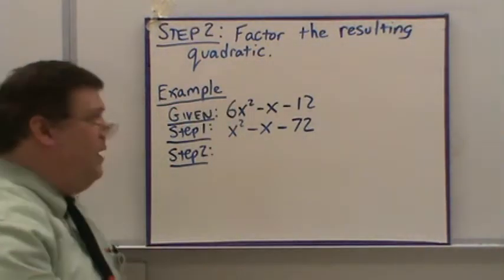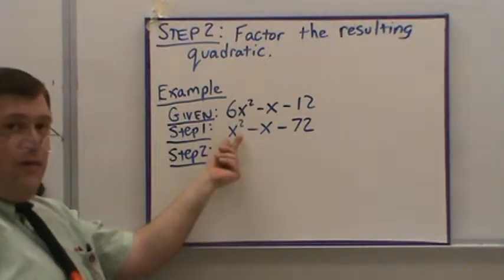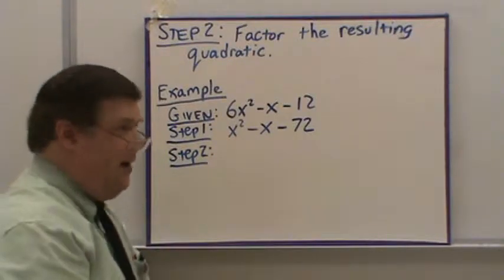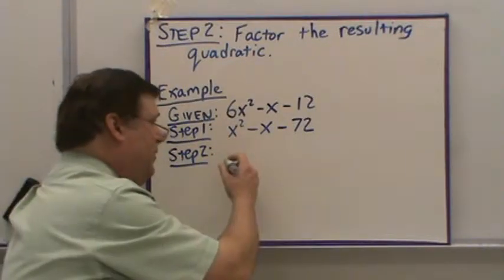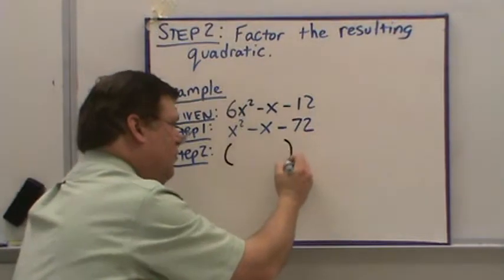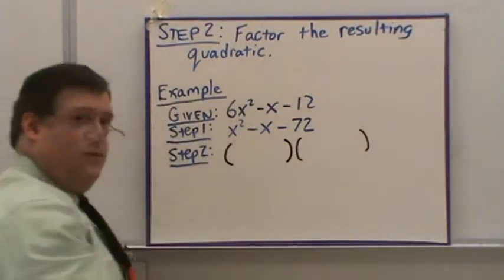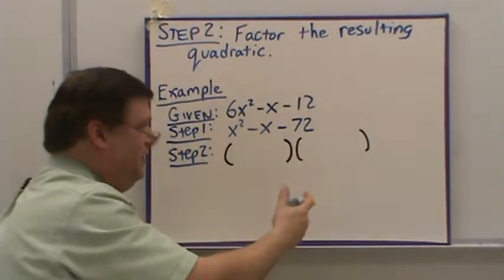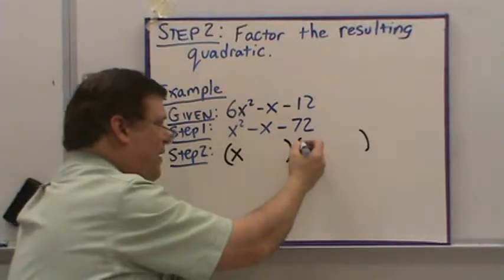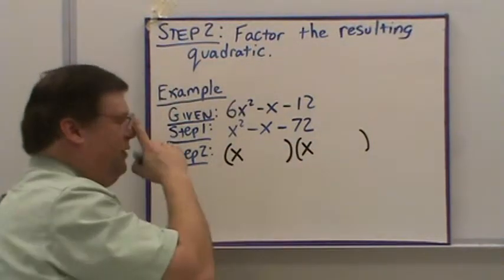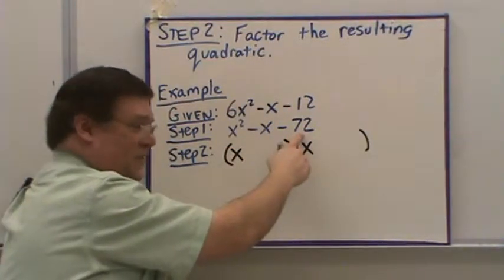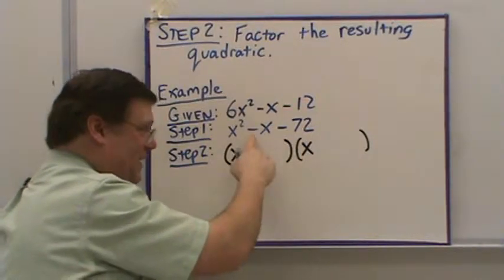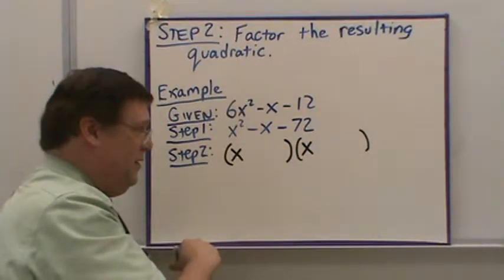Step 2, factor the resulting quadratic. Now that we have a coefficient of 1 on the x squared, we can factor this with our normal process, drawing the two sets of parentheses, putting an x here and an x here, asking ourselves what multiplies to give us negative 72, but adds to give us negative 1.